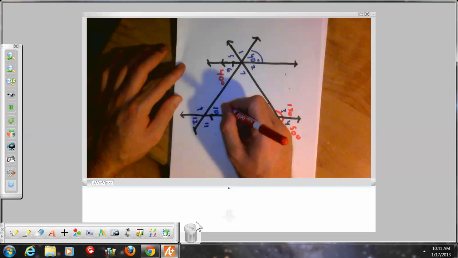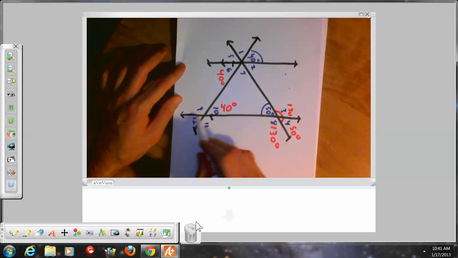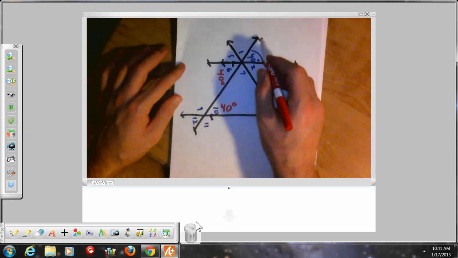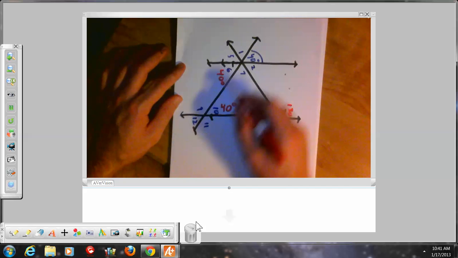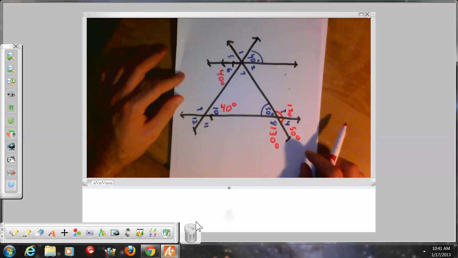So this angle right here is also going to be 40 degrees. Right? You can kind of see it. This line is parallel to this line, so they both hit this transversal the exact same way. So those are both 40 degrees.